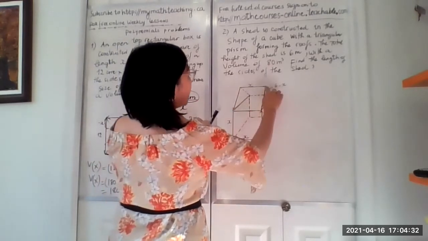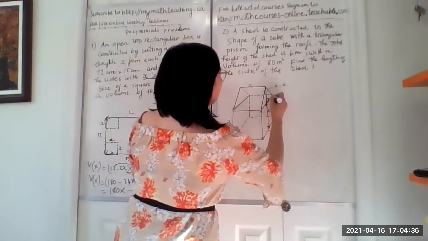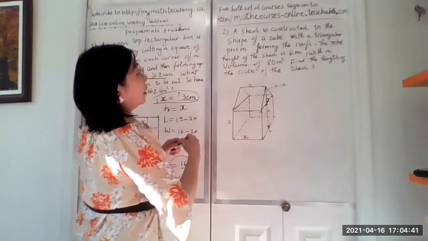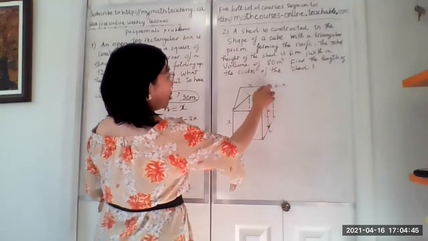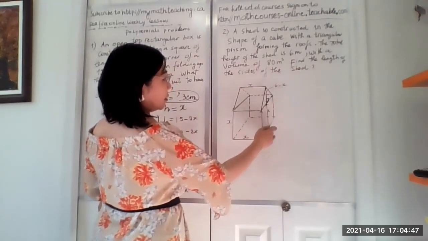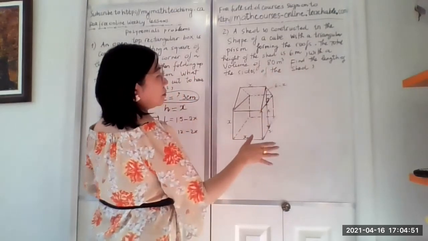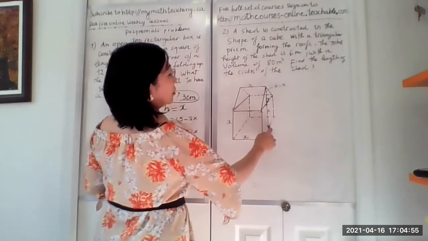And this, from here to here, is the height of this triangle. And it says that the total height of the shed, which is all the way from here to here, is 6 meters, sorry, not centimeters, 6 meters, right?